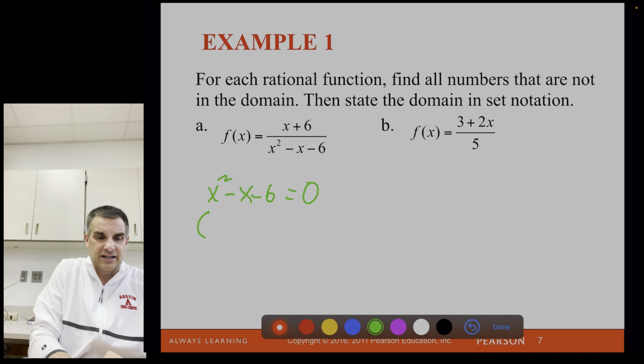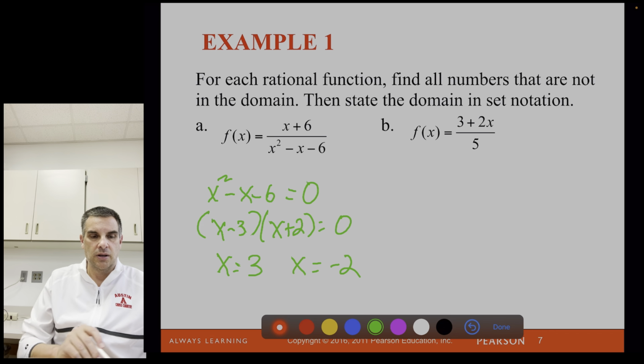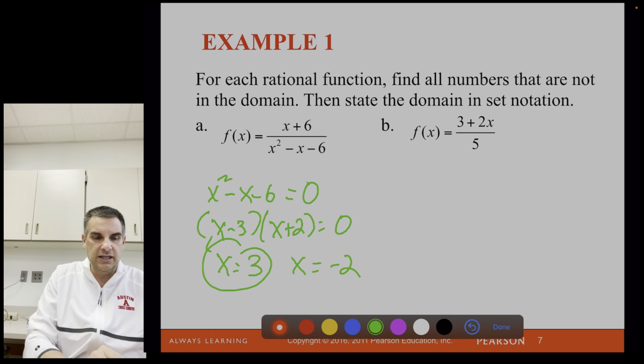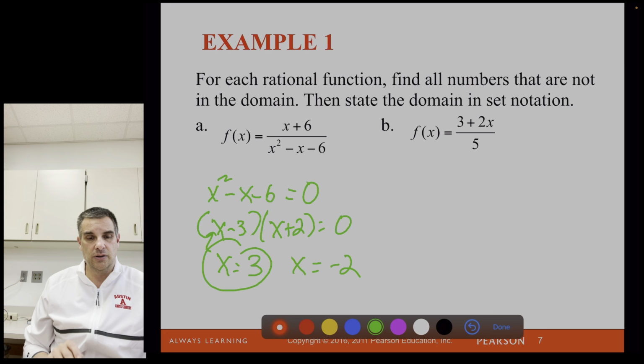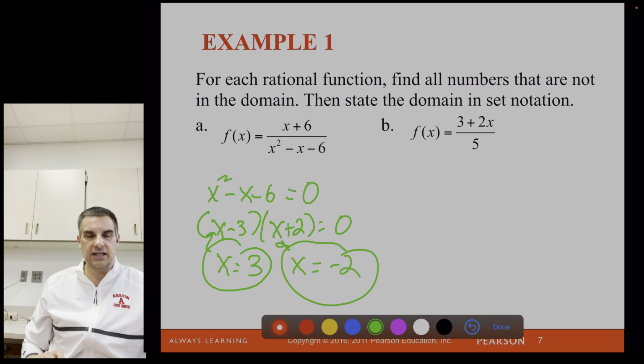We can factor this to x minus 3 times x plus 2 equals 0. That would mean x can't be 3 and x can't be negative 2. If I said x is equal to 3, that makes one factor 0. If I said x equal to negative 2, that makes the other factor 0.